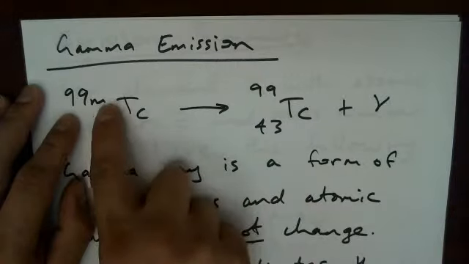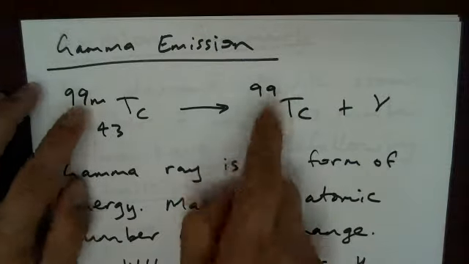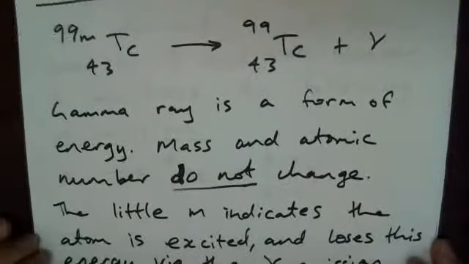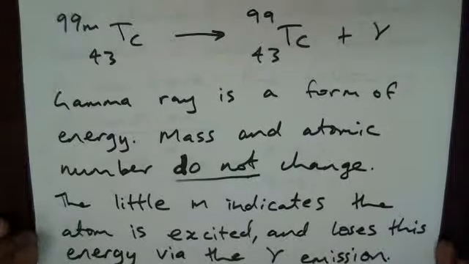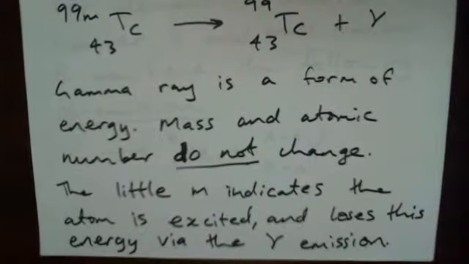It's just that this m, which we write to denote that it's excited, now just disappears, because the element's no longer excited. A gamma ray is a form of energy. Mass and atomic number do not change, and the little m indicates that the atom is excited and loses energy via the gamma emission.